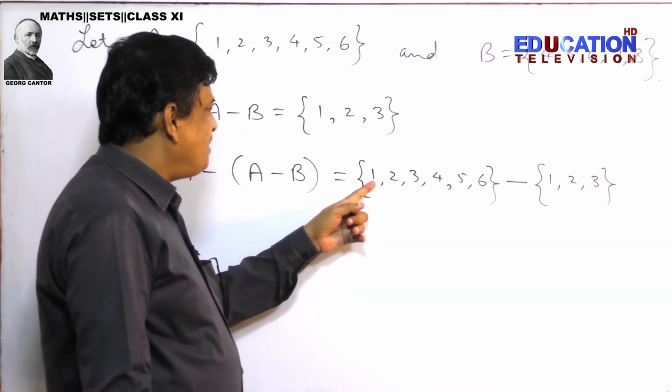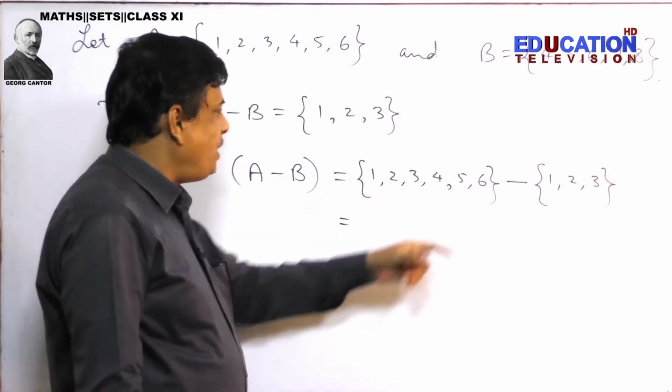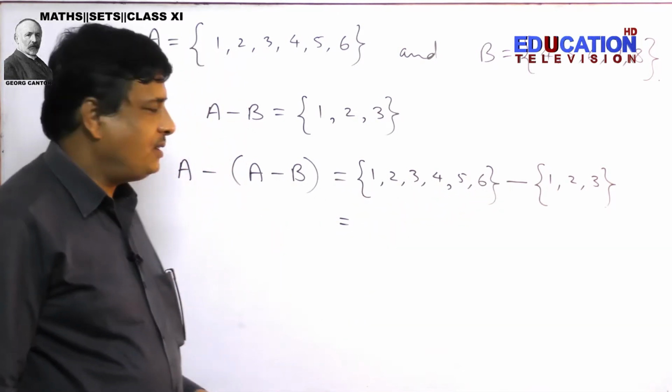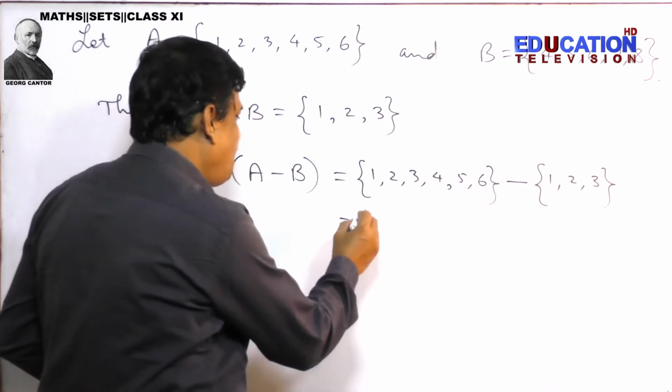One is in the set A and also one is in A minus B. So one cannot be taken in their difference.